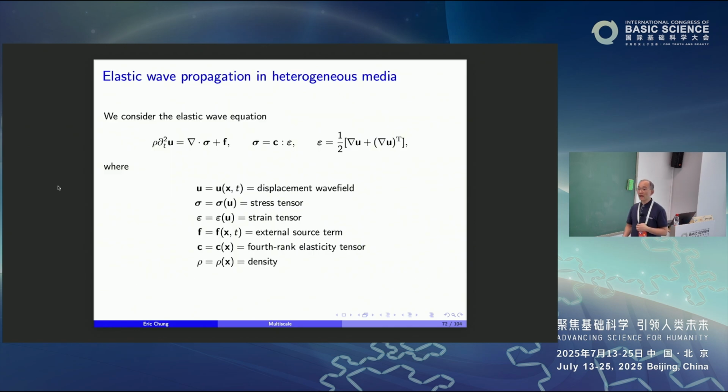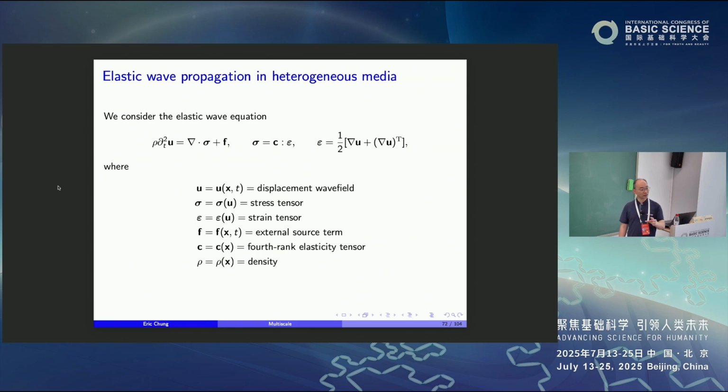And then we have also designed this method for elastic wave propagation in heterogeneous media. So this is the equation that we consider. So u is the solution that we want to compute. And then somewhere here, there's a C that is the elasticity tensor, and this C is a given coefficient.